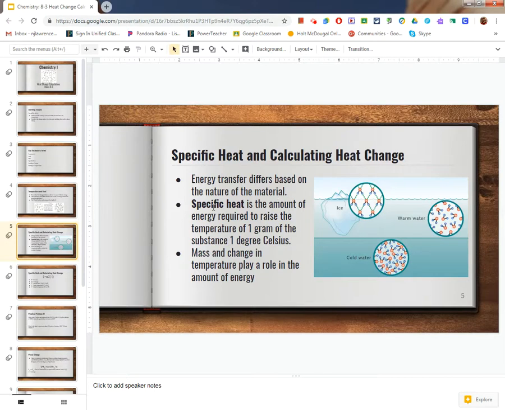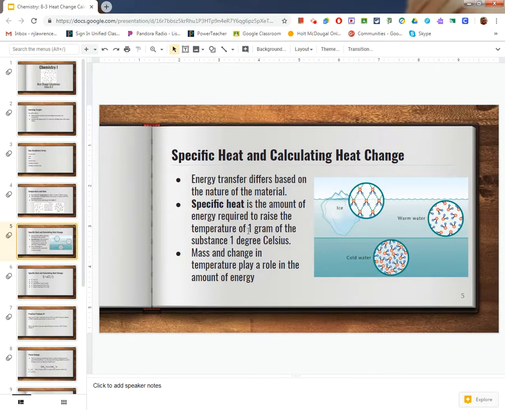Specific heat is actually a given amount. It's a value that has been researched by scientists, and you can find the specific heat of almost any substance in the world. What it tells me is how much energy is required to raise the temperature of 1 gram of a substance 1 degree Celsius.